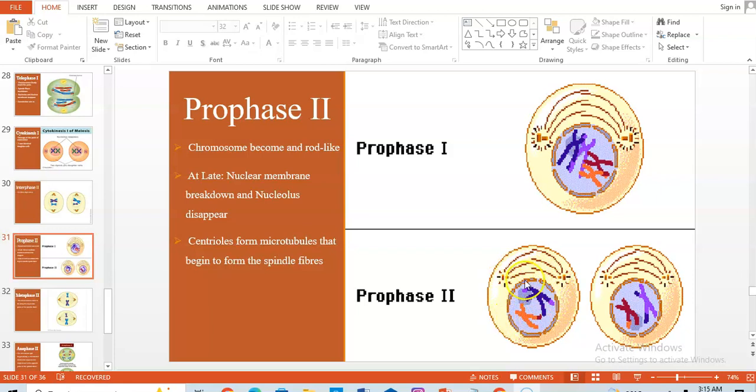Then the centrioles begin to migrate to the opposite poles, and as they migrate, they form microtubules, which form the spindle fiber. The spindle fiber then runs from one centriole to the other at the opposite end. That's what occurs at prophase 2.